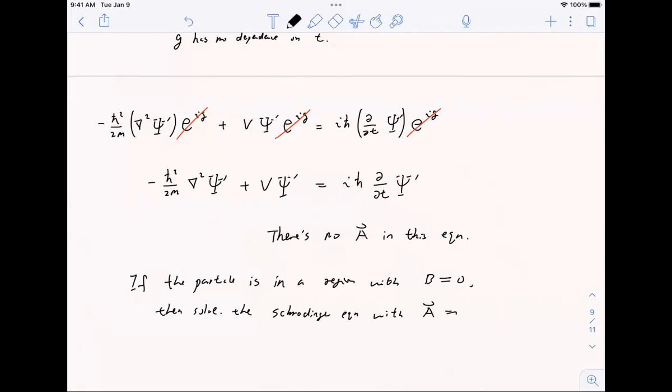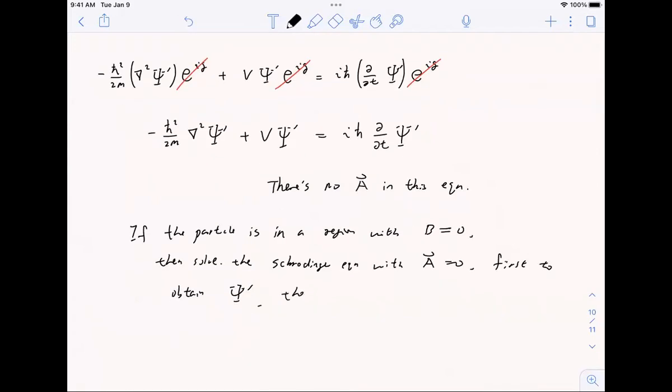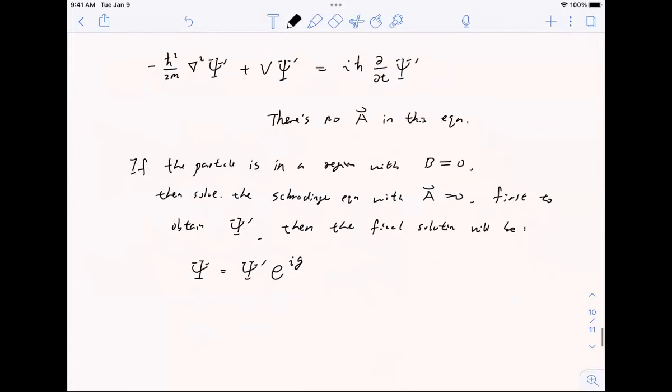With A equal to 0 first, to obtain the final solution will be this times G. Okay, so now you separate the magnetic dependence into two parts.